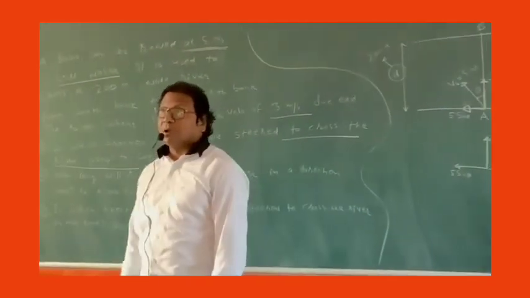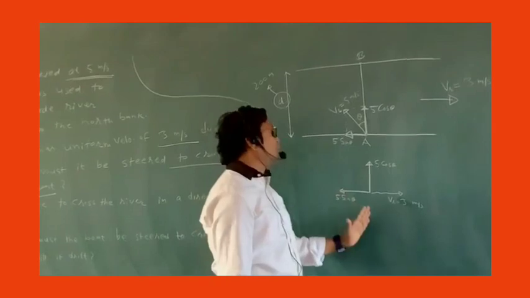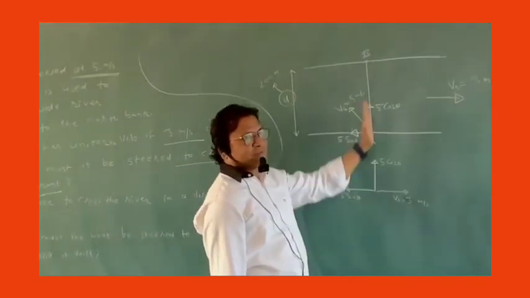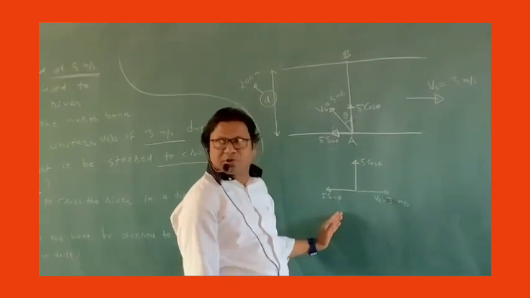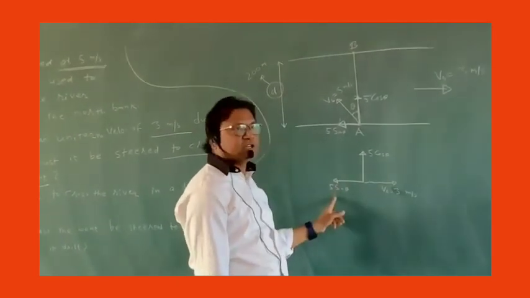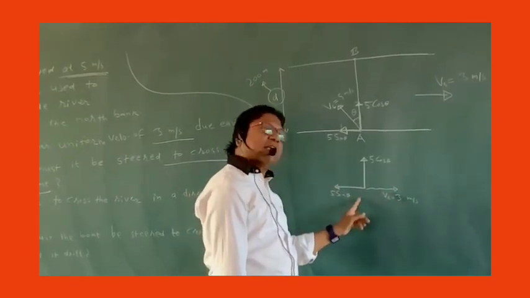So we need that the boat should go along this path. So these two velocities must be equal and cancel out. Their directions are opposite. If the magnitudes become equal, then these two vectors will cancel out.